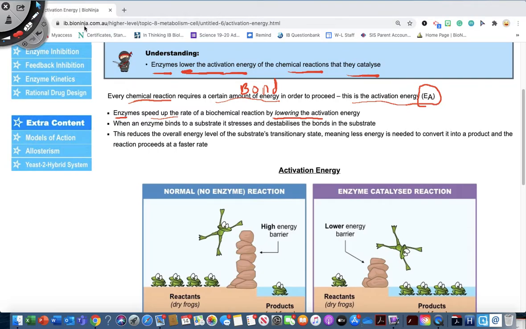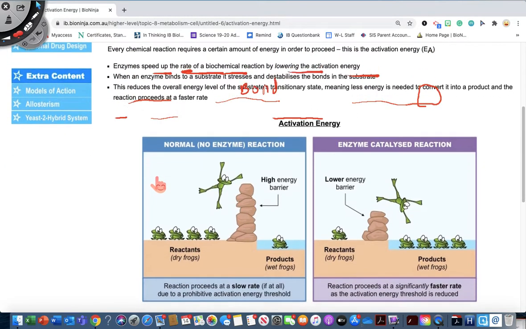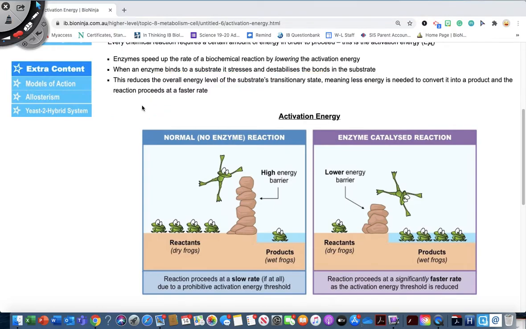Let me move this up a little bit. You're able to see here, if the dry frogs were the reactants and the wet frogs were the product, and this barrier of rocks represents the activation energy, a normal reaction that is not enzymatically driven is going to have a high energy barrier.